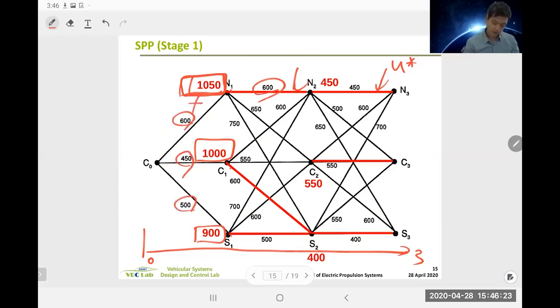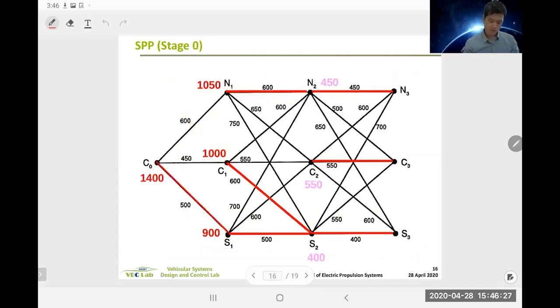You add these two, then this is the optimal action path, and then this is the total cost. So you can see the entire map of the optimal policy.